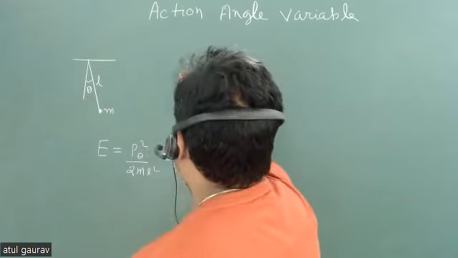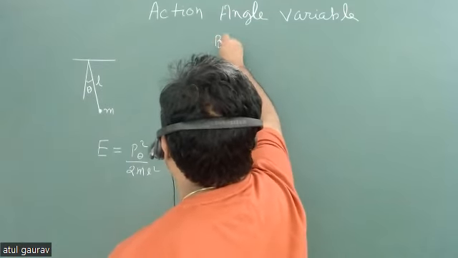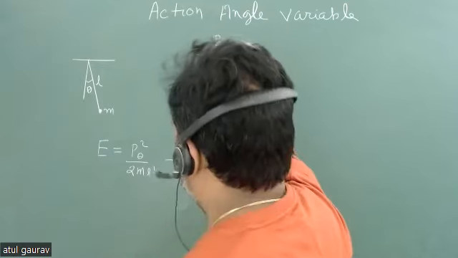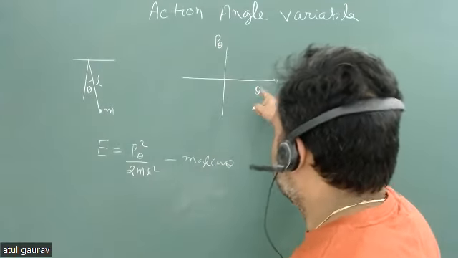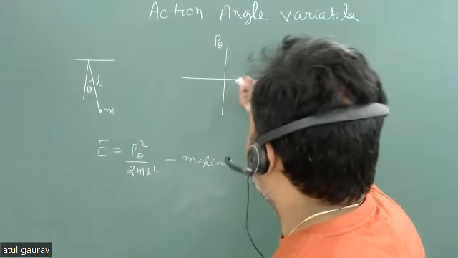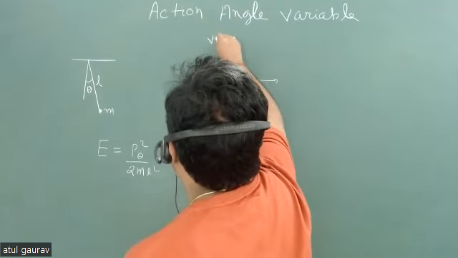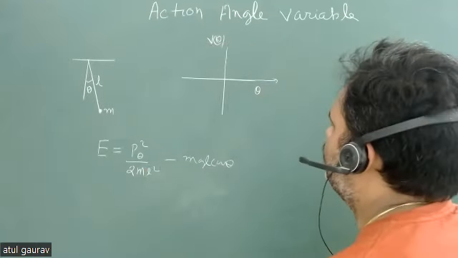When we talk about the phase curve, we all know that we are plotting momentum versus position, or generalized momentum versus generalized coordinate. Here momentum is angular momentum and position is theta. Before plotting the phase curve, we first plot V theta versus theta, and then we can easily plot P theta versus theta.